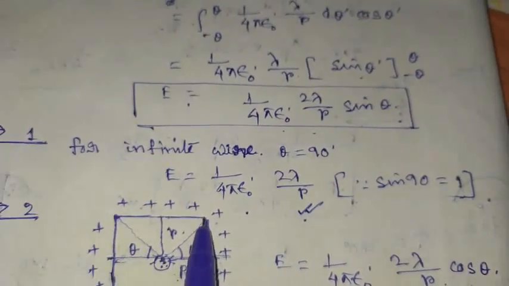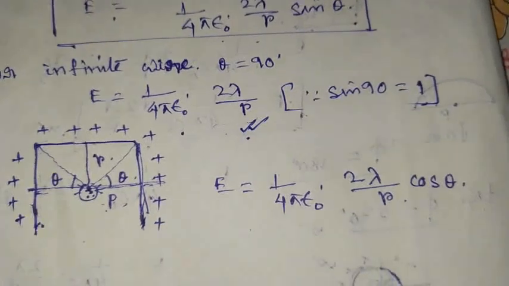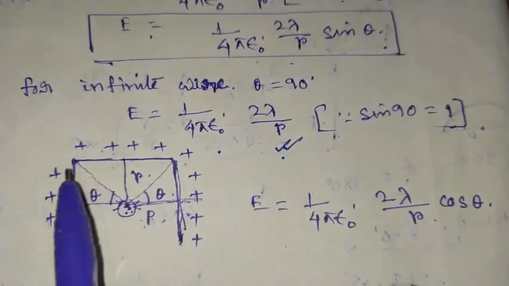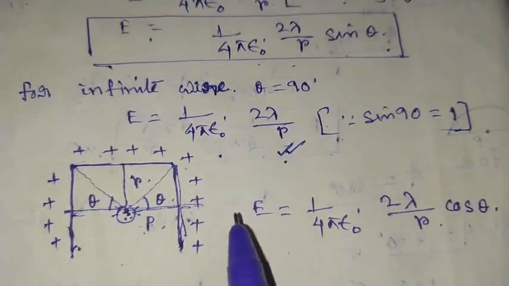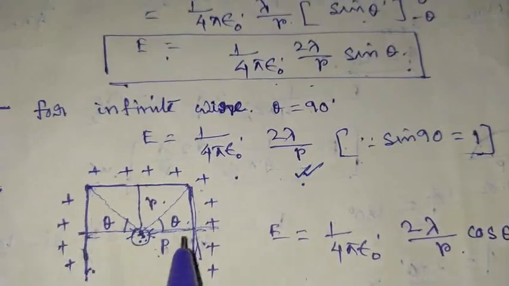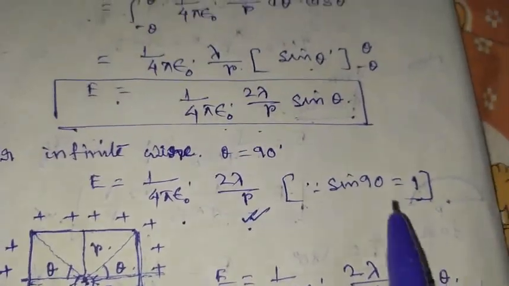Now we have left only one wire, so the electric field due to this whole arrangement will depend solely on this wire. So electric field is 1/4πε0 2 lambda by r cos theta.